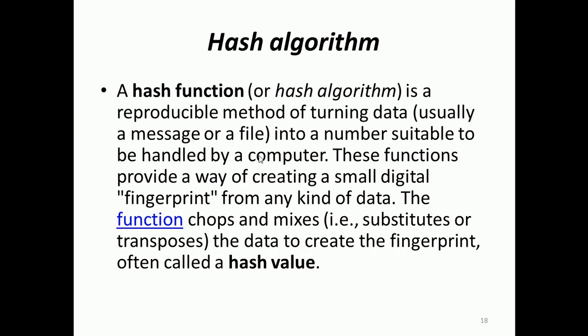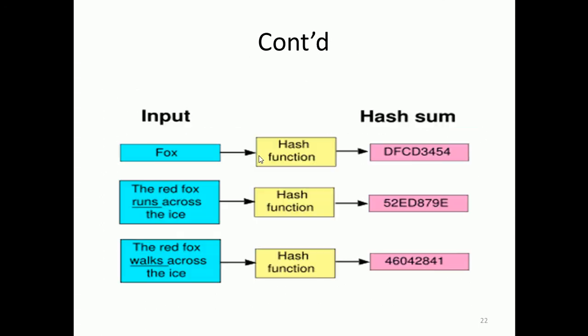In the hash function, a fixed length hash value or a hash sum is produced. For example, if there is an input, a unique hash value is produced for this. If we make a bit change in the same text, the hash value also changes.